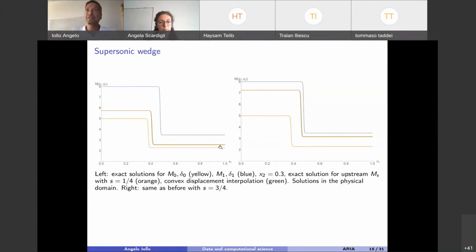One is a nonlinear interpolation, the other one is the exact solution for an intermediate Mach number and wedge angle, and they are almost the same.